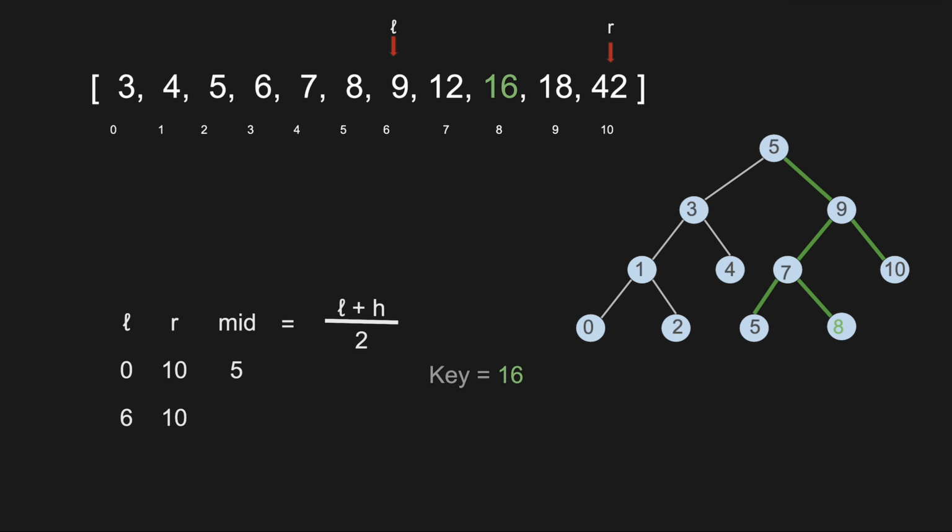In our case, we have the key 16 and the middle is 8, so it searches further in the right side. And now the left index has been increased to be greater by 1 than the middle index, and the right index is still the same. So the new middle index is 8, which has the element 16. And this is the key element we are searching for.